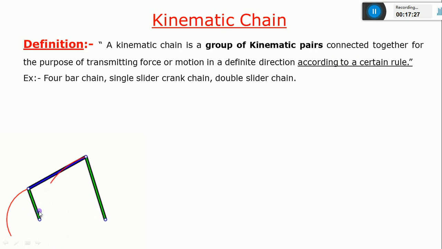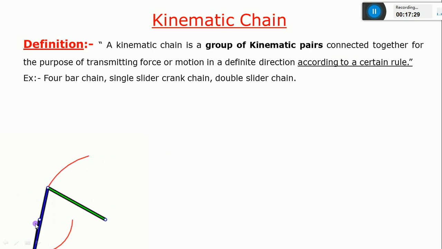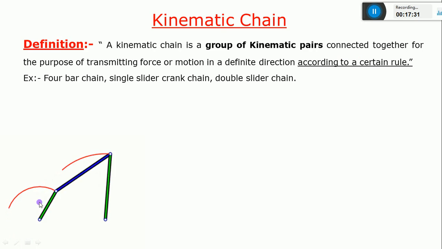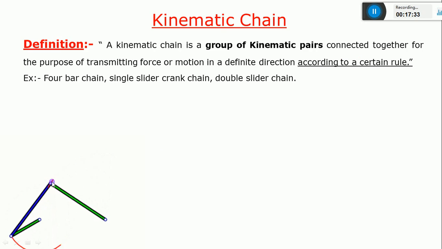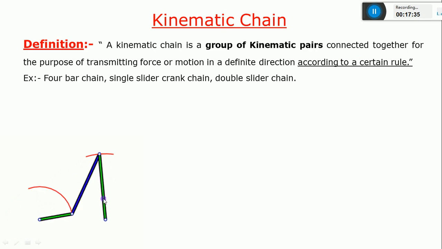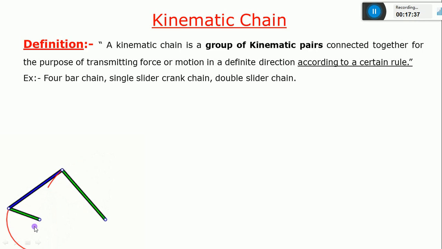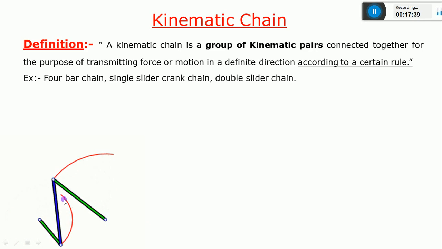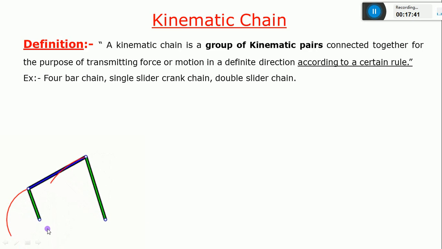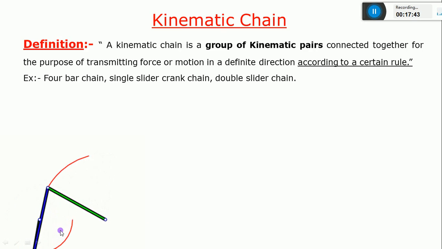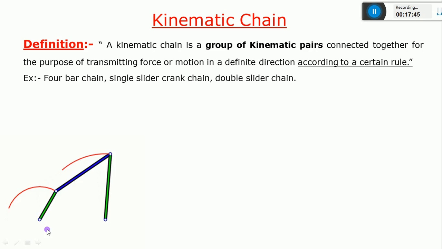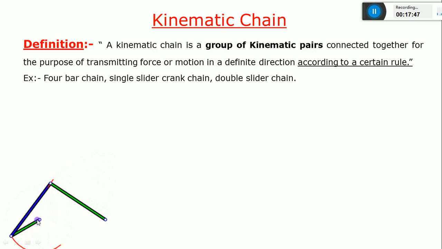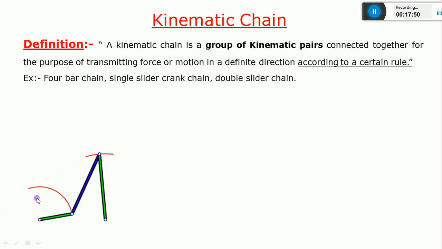If there is only one link, I can call it a kinematic link. If there are 2 links, I can call it a kinematic pair. If there are more than 2 pairs, you can see there is a frame or a fixed frame to which this link is attached. That is also one link, a fixed link. Between the frame and this green color link, that is one pair.